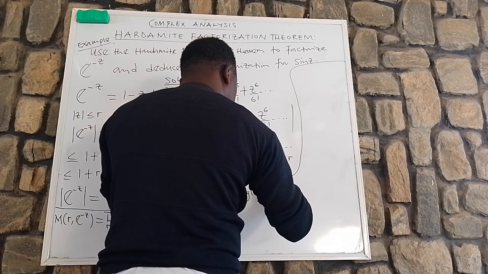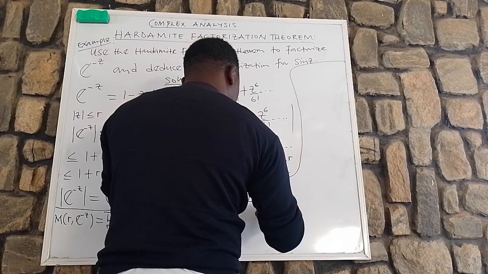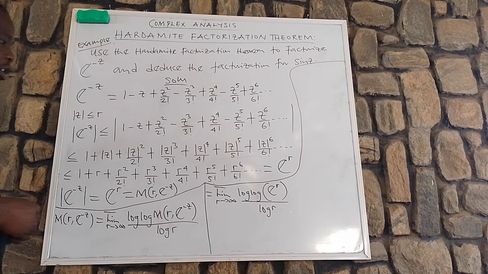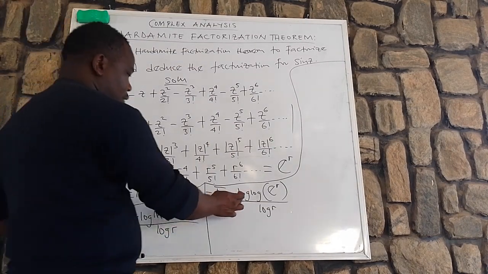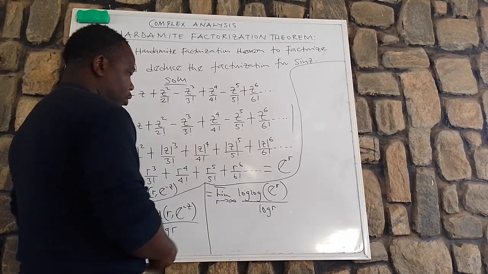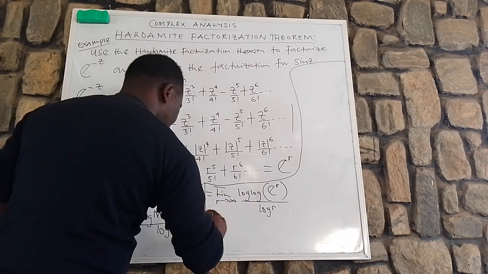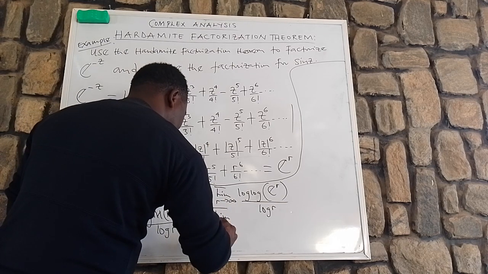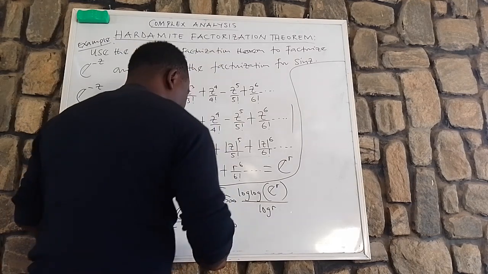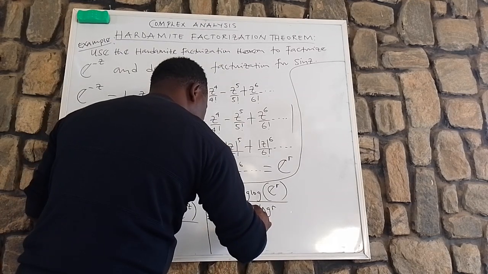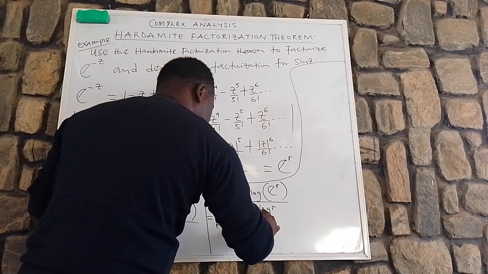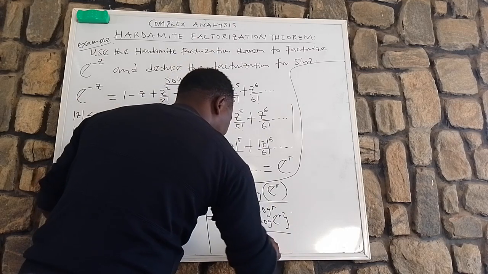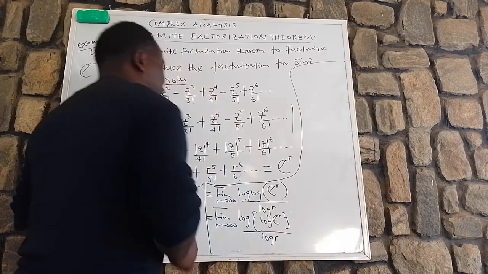So exponential r all over log r. It's as simple as ABC. Is that clear? If you agree with me, here we have two logs. So we can write it this way, if I were you. Our upper limit, r tends to infinity. Here will now be log, open a big bracket for this, log exponential r all over log r.